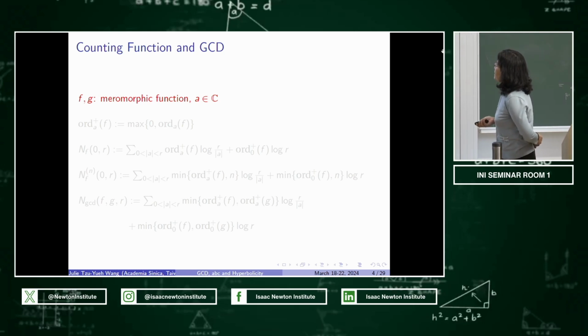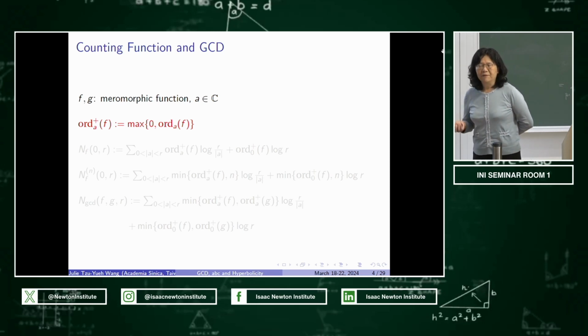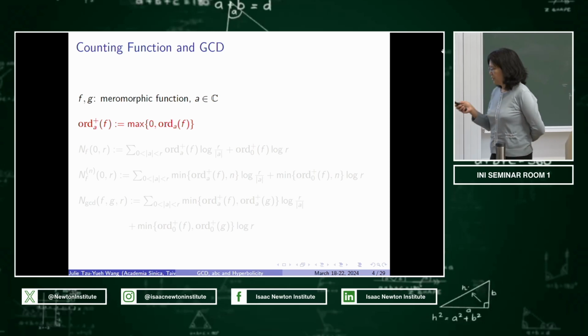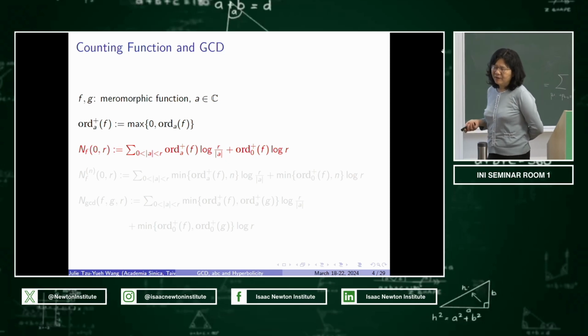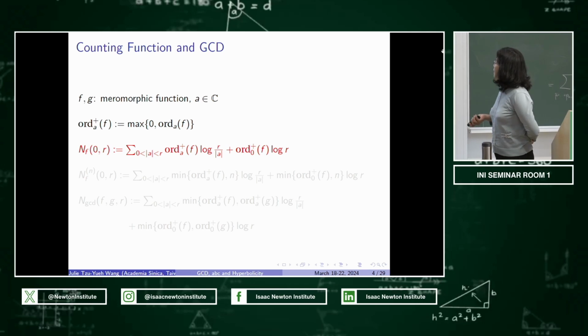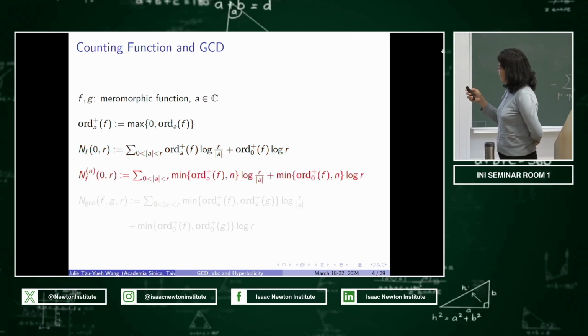Suppose we have a meromorphic function. It's very natural to define the order of zero. And then we have the counting function, where we sum up all the orders of zero with weight. As we have seen in the previous talk, we then do this truncation: if you have very high order, you truncate to n.